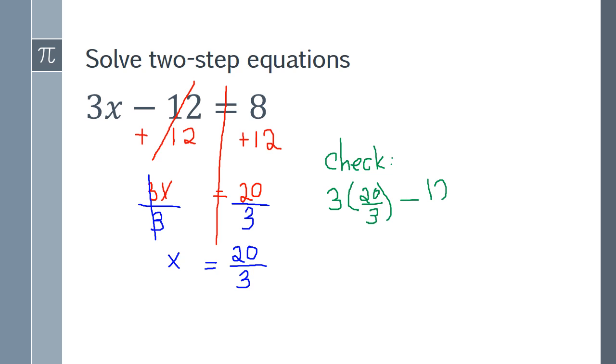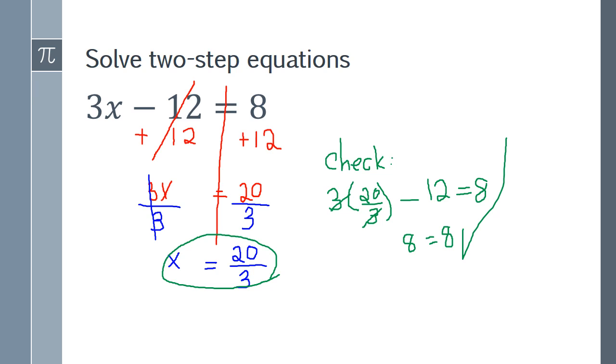And I want to make sure that this side of the equation is going to be equal to 8. So if you put the left side in your calculator, you'll end up with 8 equals 8, which means that we solved this problem correctly, and the final answer that we have in here is the right answer.